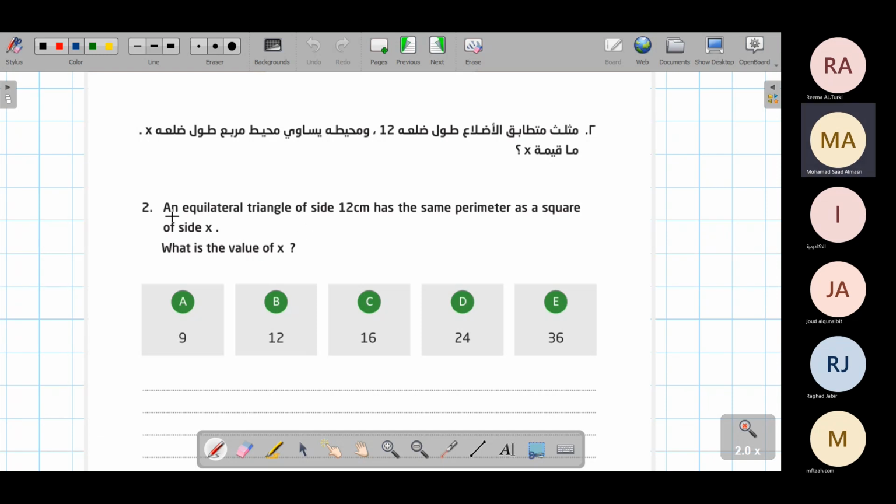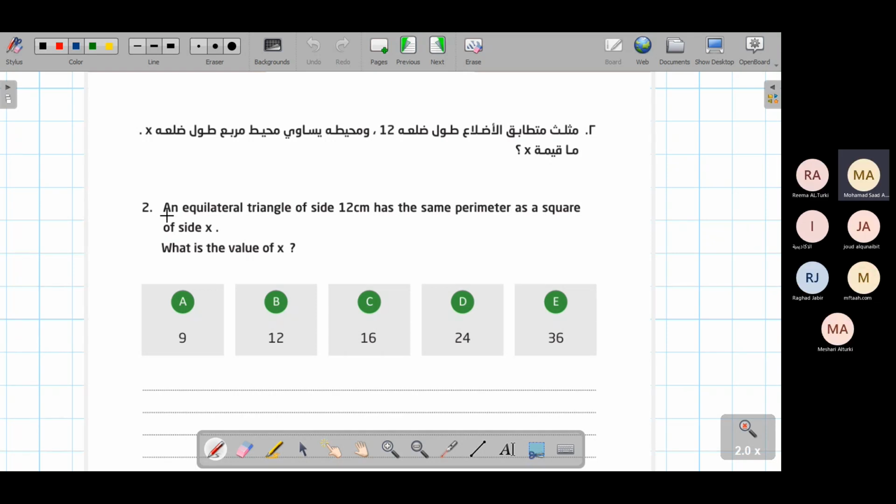Let's start with the given. An equilateral triangle of side 12 centimeters. When we read any question, if we have any new definition, new word, or new property, we will explain everything about it.